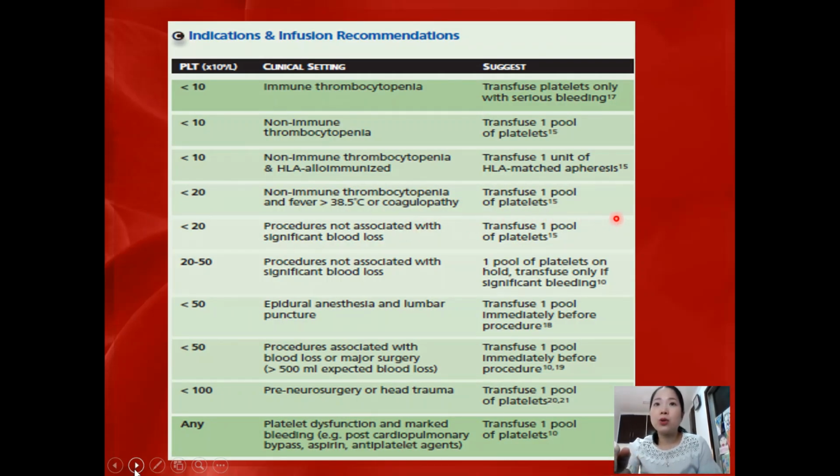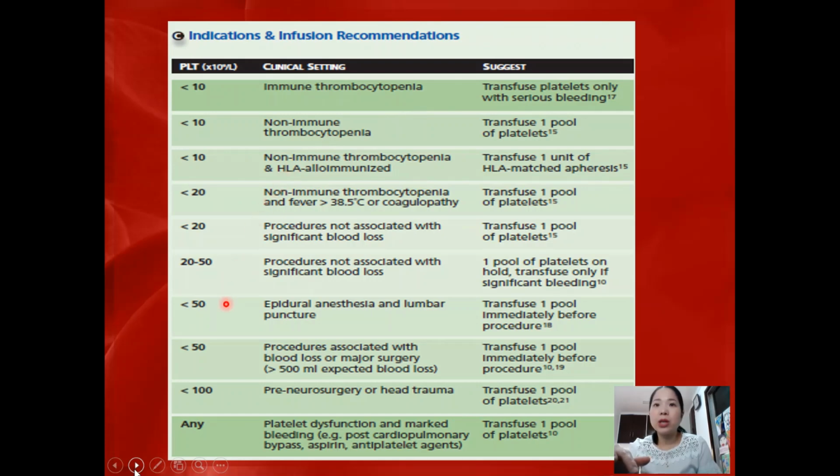This table shows us the different indications and infusion recommendations for patients with thrombocytopenia. For example, if you have a patient with a platelet count of less than 10 and the clinical setting is an immune thrombocytopenia, then you can only transfuse platelets if there is serious bleeding.